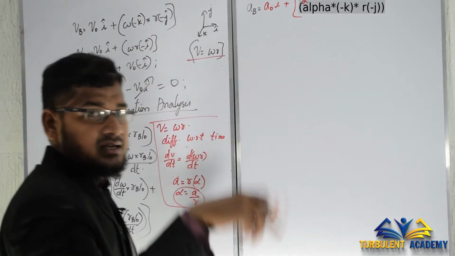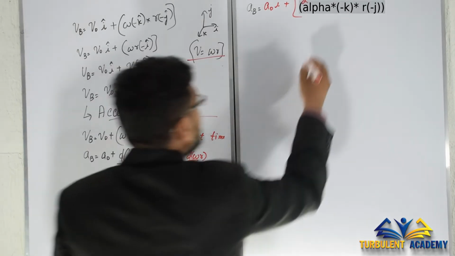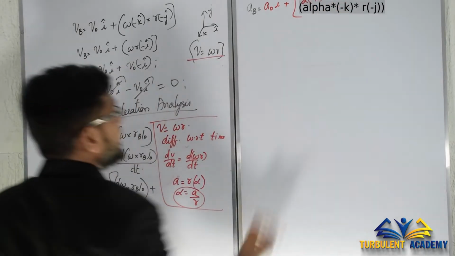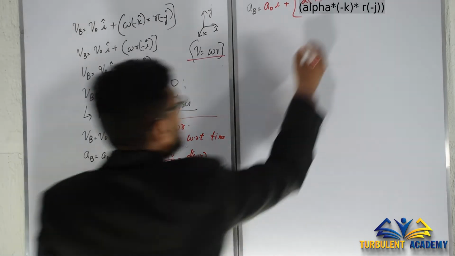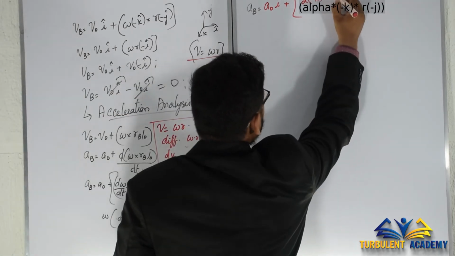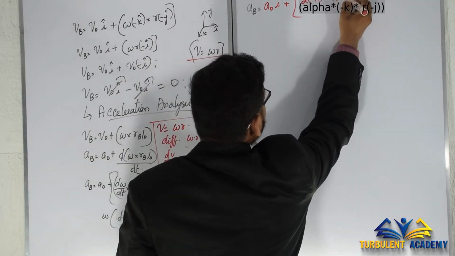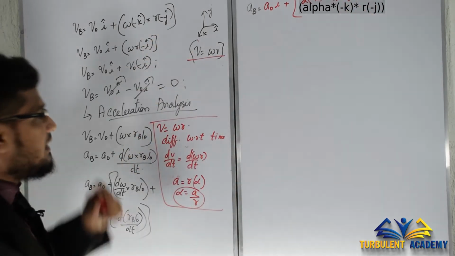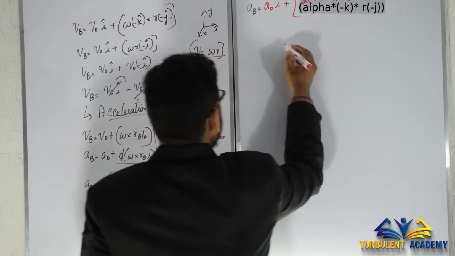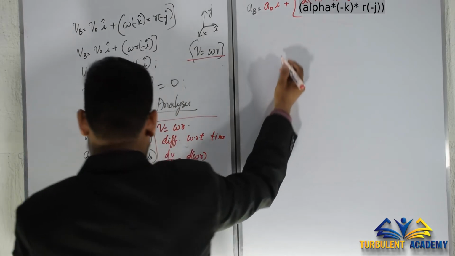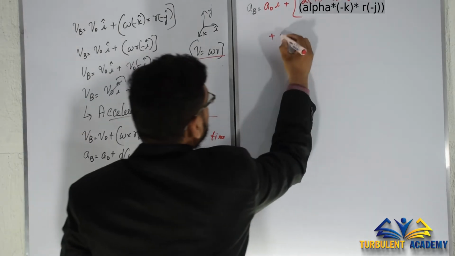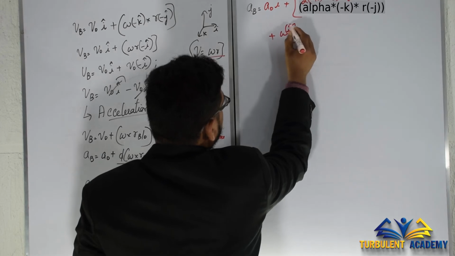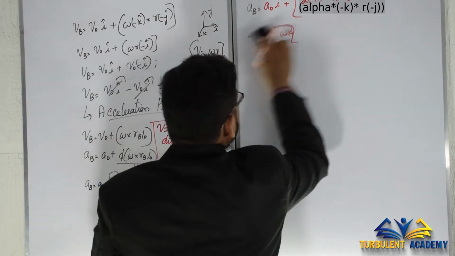Alpha is also in the clockwise direction, so it's going to be the unit vector minus k, d omega by dt into rb by 0. Rb by 0 is already r in the minus j cap direction. We have seen it already. Now after that we are going to have plus omega into k cap, minus k cap. We have seen it already. Let's make it clean.